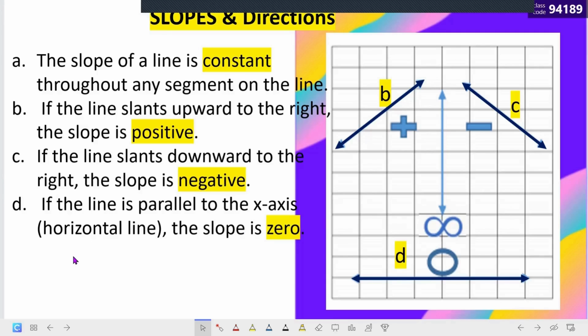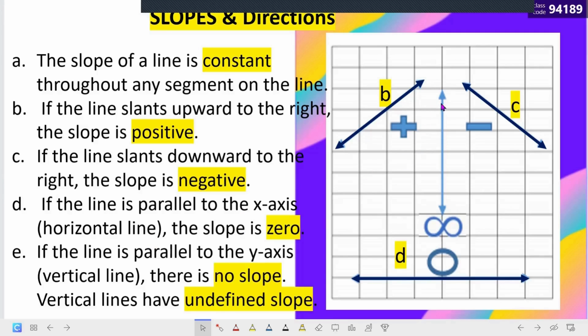And if the line is parallel to the y-axis, this vertical line, all of these kinds of lines have undefined slope, or there is no slope. All right. So that's to sum up all our lessons about the slopes of lines.